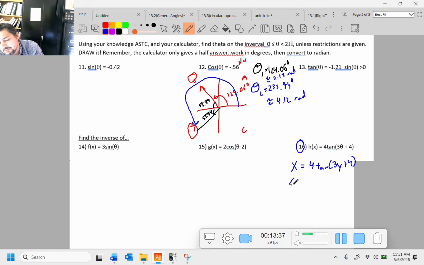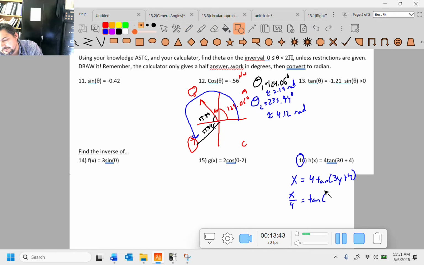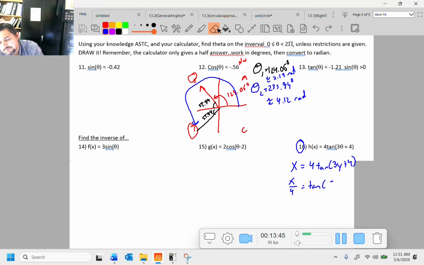So first thing I'm going to do is divide by 4. Let me leave some room here, because the next thing I'm going to have to do is inverse tangent or arctangent. So put a tangent here with some space, 3y plus 4. The opposite of tangent would be arctangent, inverse tangent. It's actually supposed to be called arc.